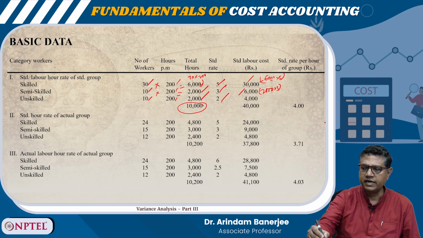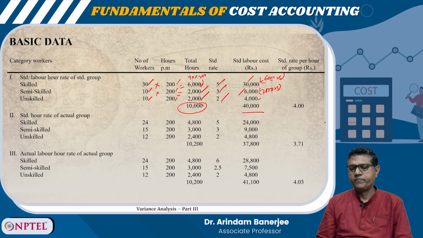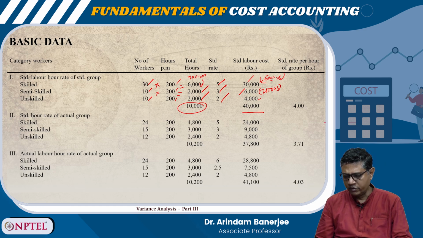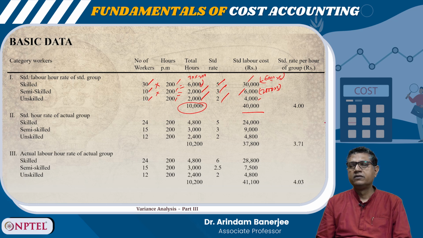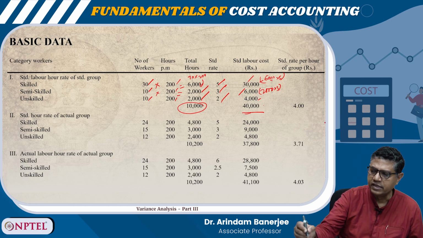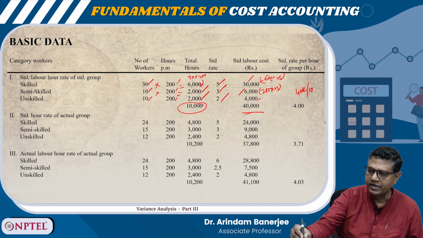And 2,000 into 2, so 4,000. So the total will be 40,000. The standard rate per hour of the group comes to 40,000 divided by 10,000, so it comes to 4.